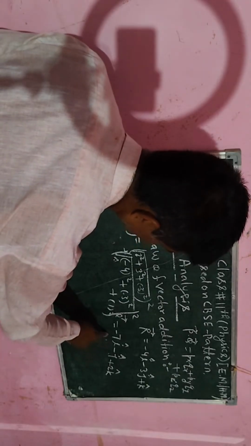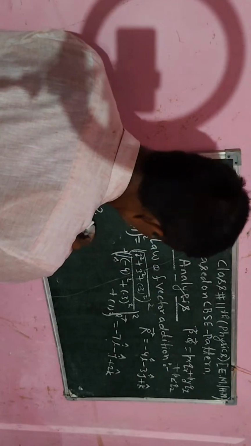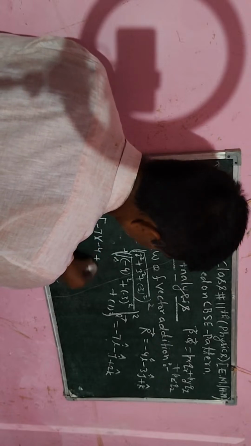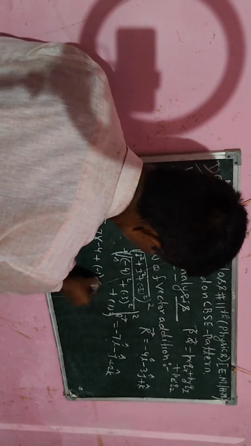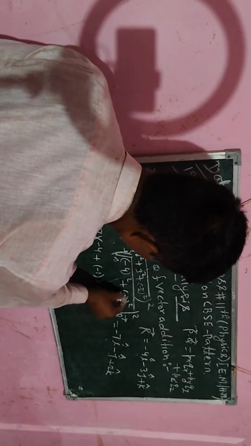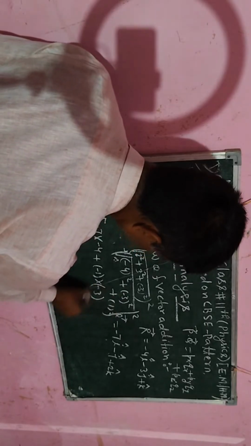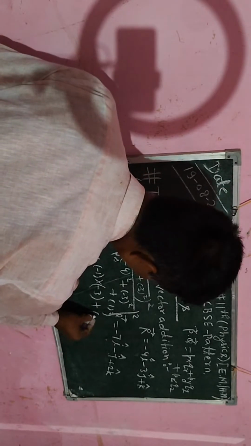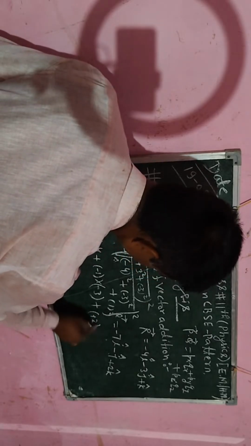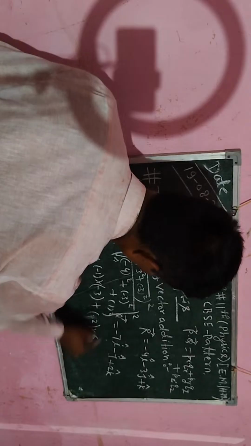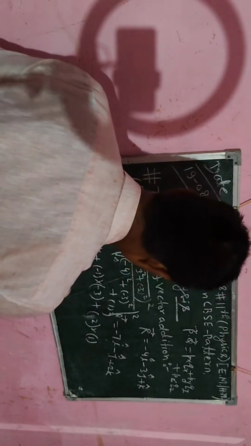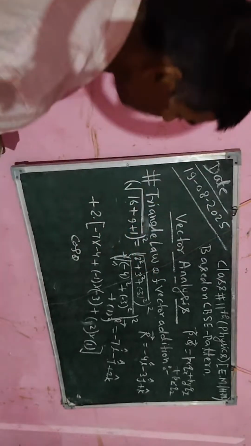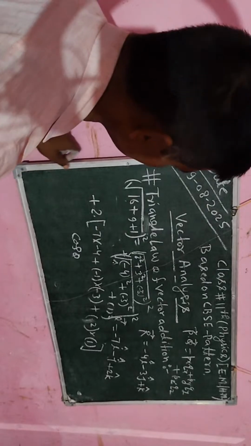So vector q is equal to minus 7, 2 into, in the bracket I will write minus 7 into minus 4 plus minus 1 into minus 3, that is in bracket, and plus minus 2 into, here I will write 1 into cos theta. So I will put here cos theta. So I will simplify. After simplifying I will get its value.